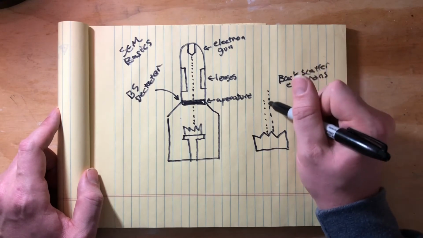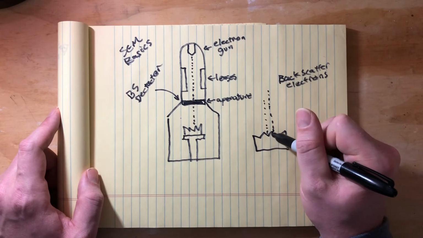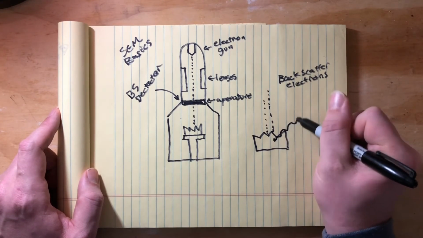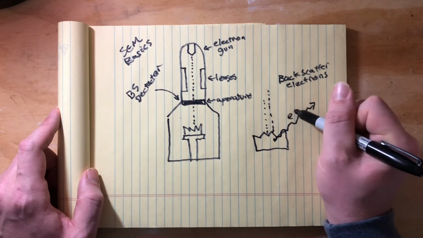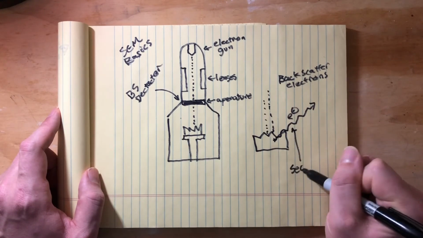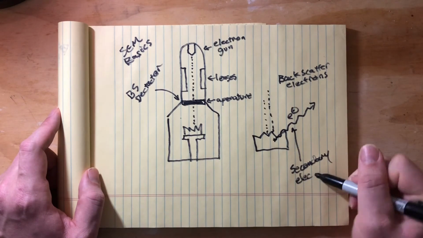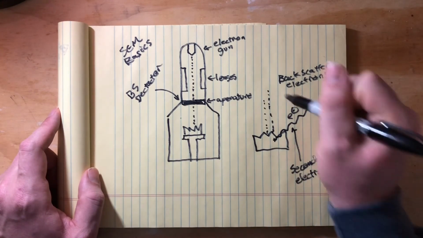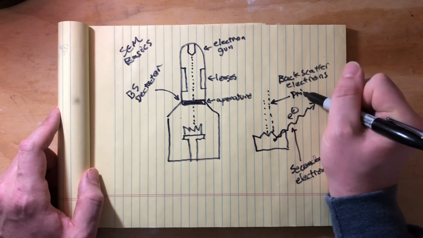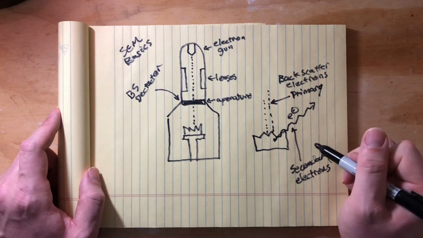The other thing that happens with these electrons is that they will kick out some electrons that are native to the sample. These are called secondary electrons, because the beam itself is where the primary electrons come from.